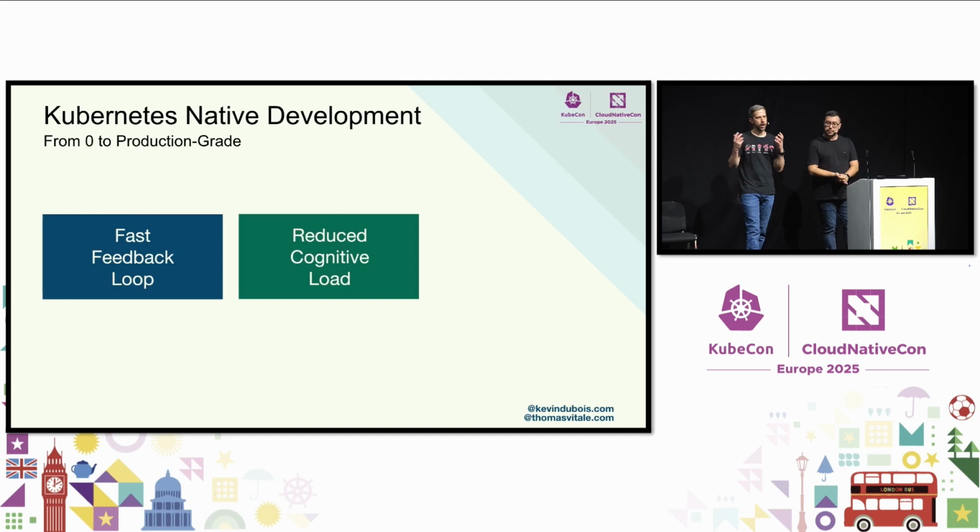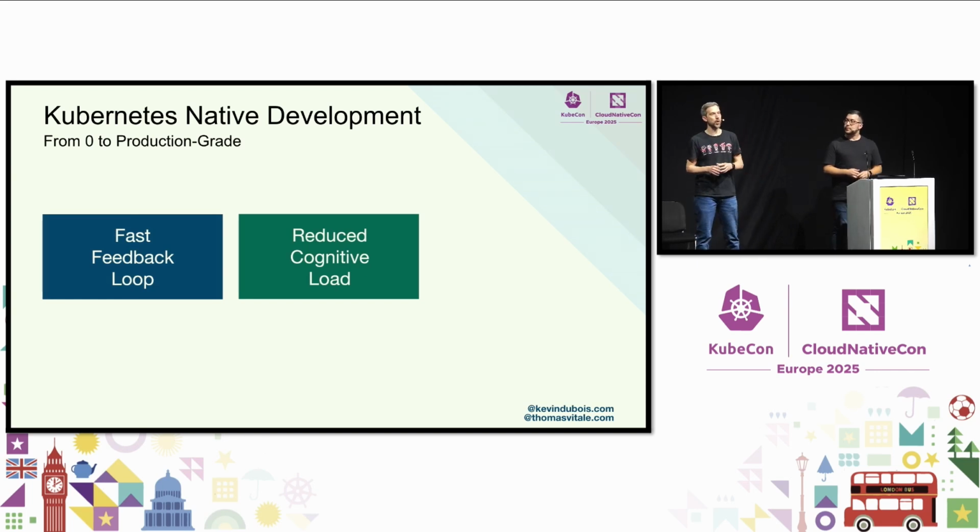Yeah, so to conclude where we're at with Kubernetes native development, what we need is fast feedback loops to make sure that everything is working the way that we're supposed to, that we can get the same kind of experience that we're doing on our local development, that pretty much matches what is going to happen on the Kubernetes cluster, that we can reduce the cognitive load of this whole landscape of Kubernetes and all the tools around it for developers who like to focus on their actual development task, so they don't get overwhelmed with everything around that.